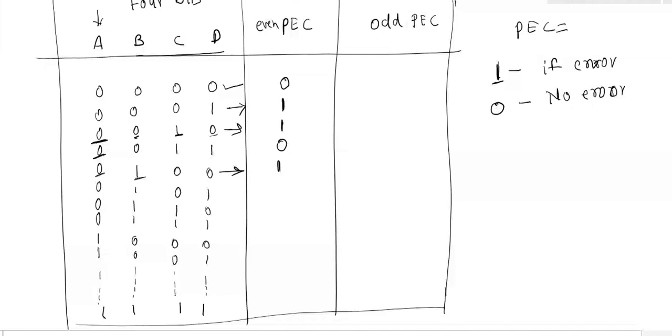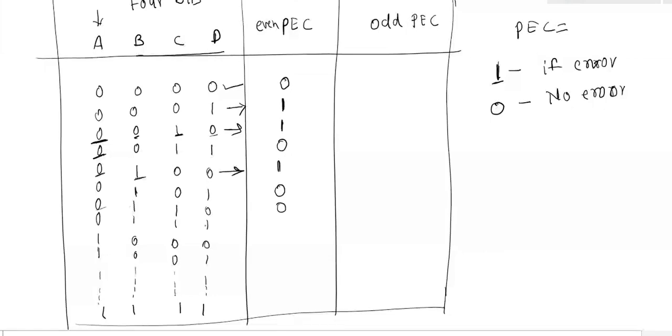Error is indicated with the 1. Now for the next data 1 1, even number of ones, and here it is 0, means the correct data is received, so it is indicated with a 0. Similarly for the next input 1 1, and the bit is also 0, so it is a 0.